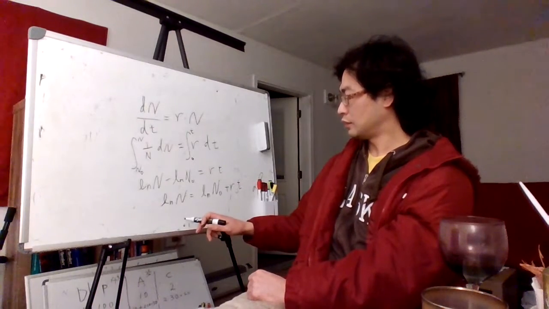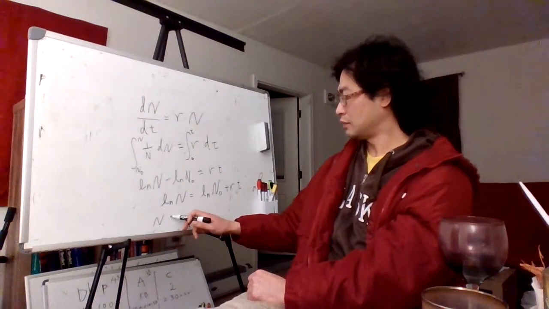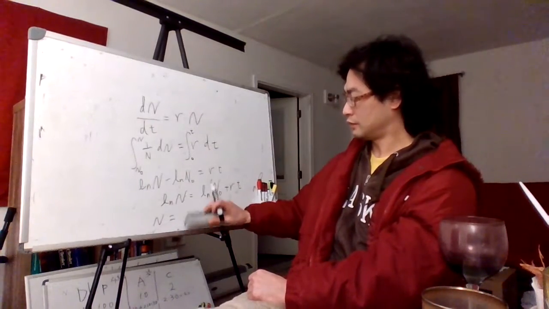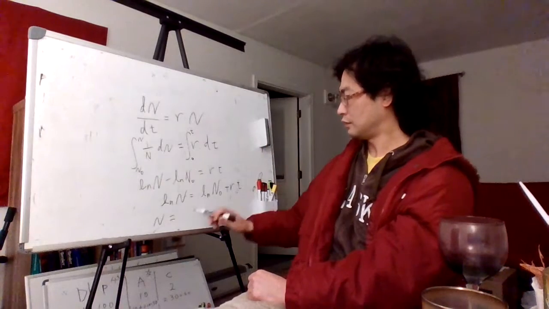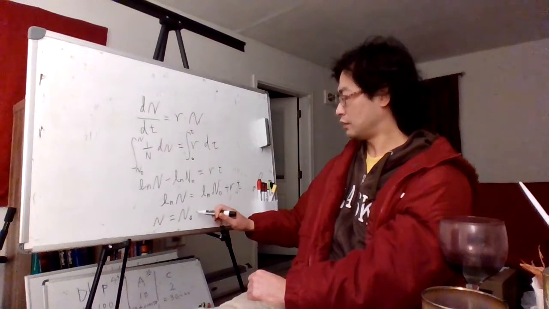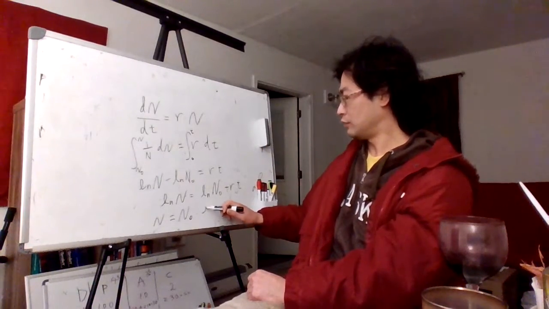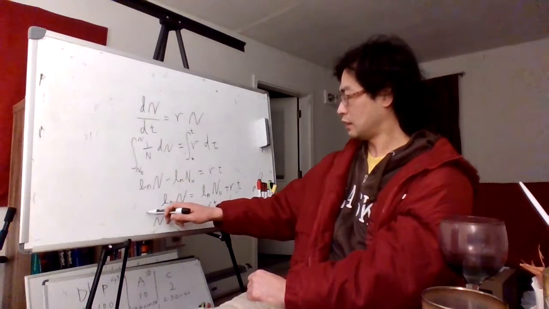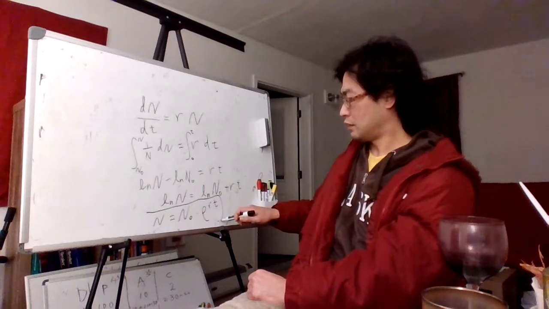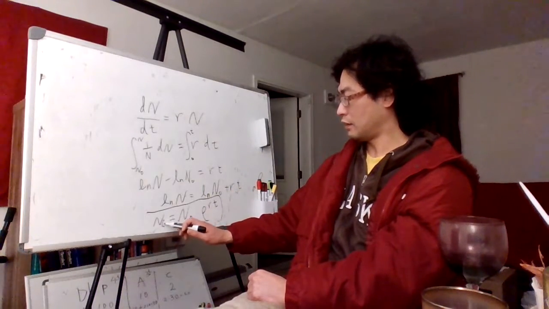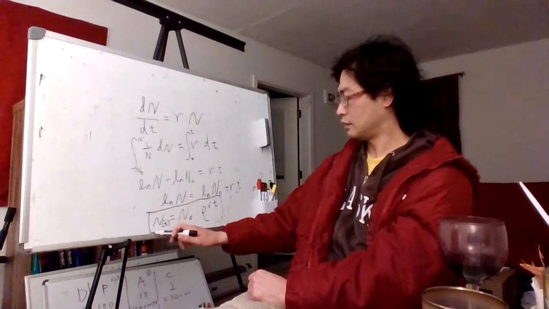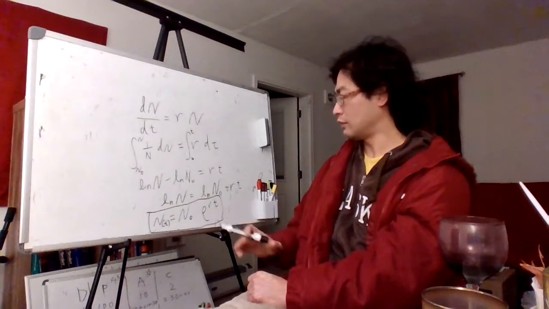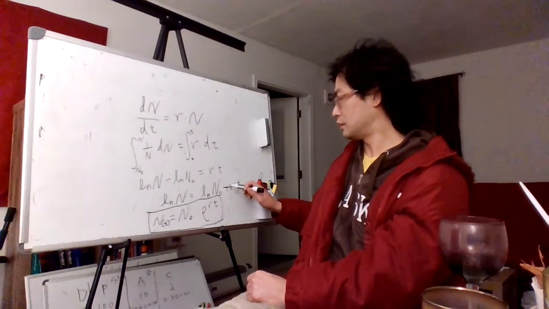So N is equal to N0 times e to the rt. N of t, right? So that's how you derive it. This is plus.